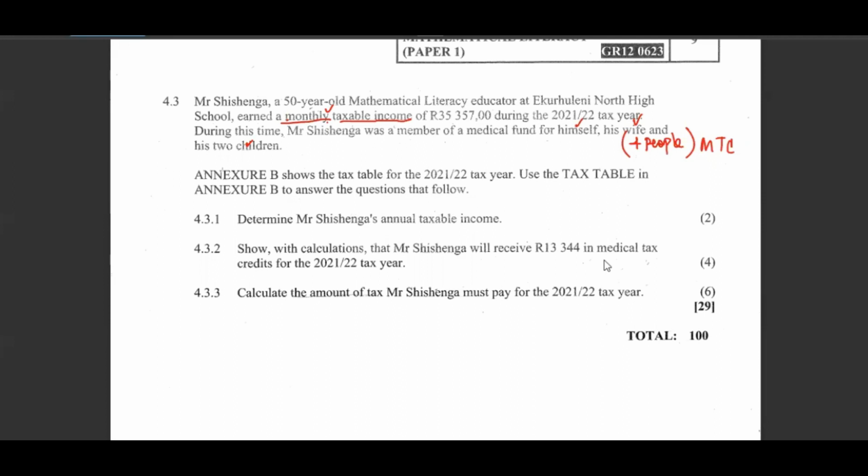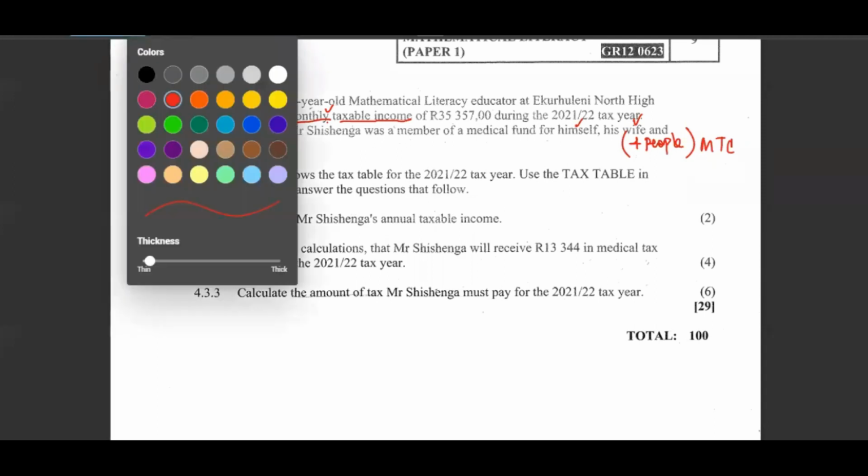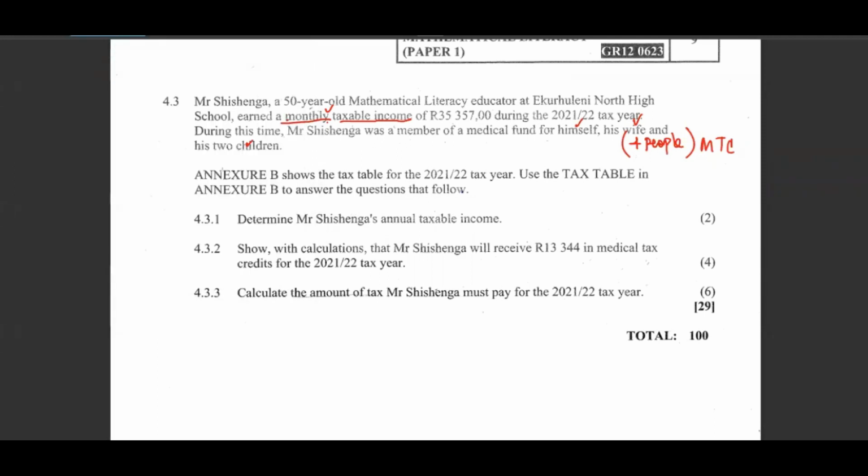Remember, here we have monthly, so we shall have the answer as 35,357 rands times 12. Why times 12? Because we are looking for annual taxable income. And the person ends up having 424,284 rands.